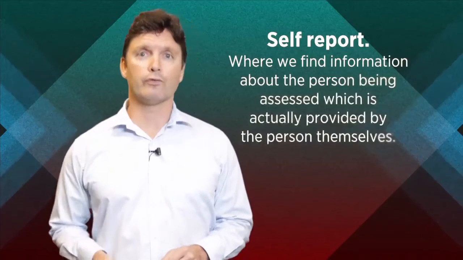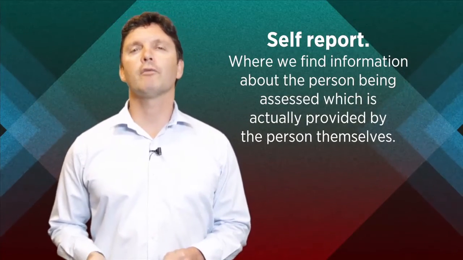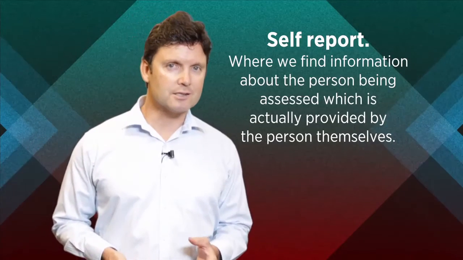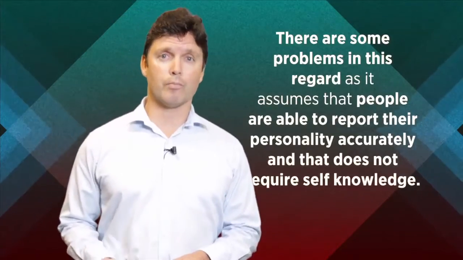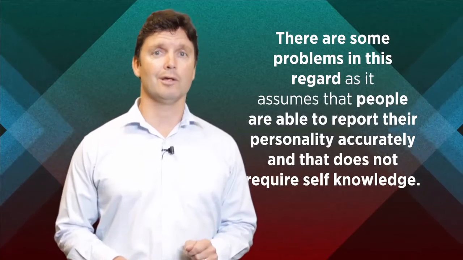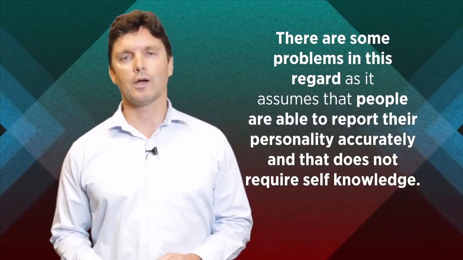So where do we find information about people's personality? A good place to start is through self-report. This is where we find information about the person being assessed, which is actually provided by the person themselves. However, there are some problems in this regard, as it assumes that people are able to report their personality accurately, and that does require some self-knowledge.